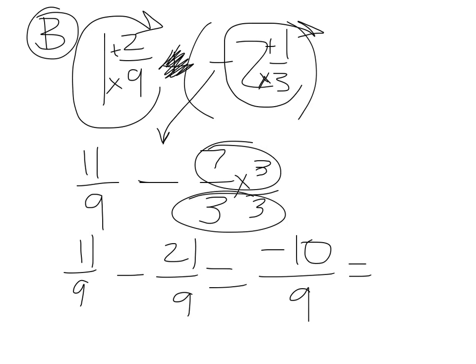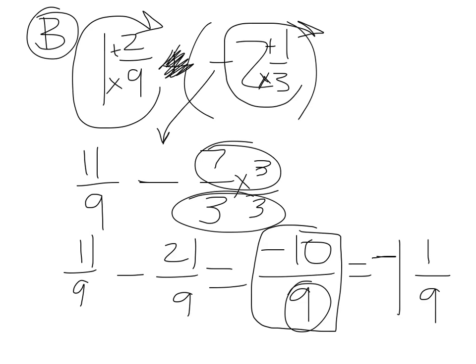And then change it to a mixed number. You do bottom into top. 9 goes into 10 one time with 1 remaining out of 9, and it stays negative. So -10/9 and -1 1/9 are both the answers that you need to have on 2B.